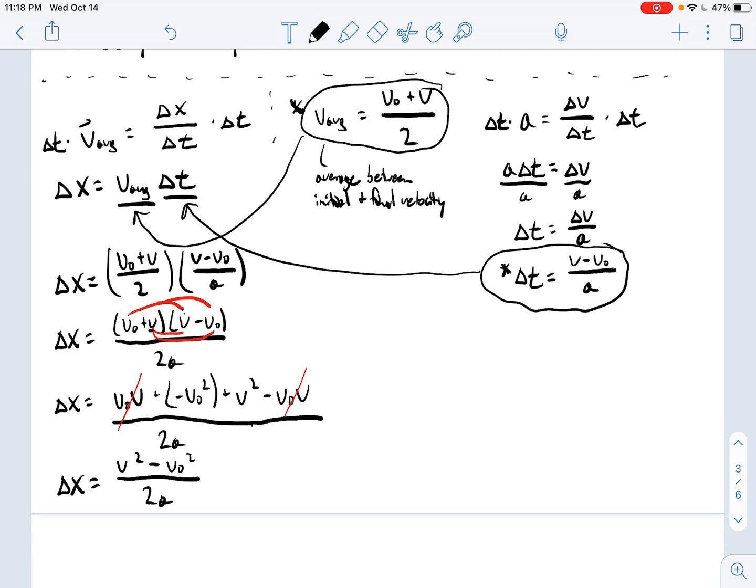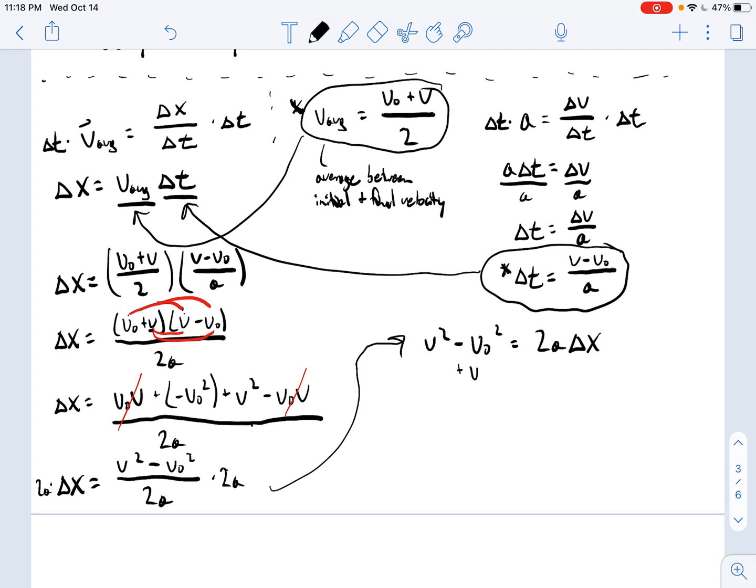Again, we are very close here to coming up with this second equation. I'm going to multiply both sides by 2a, and we are going to say that v squared minus v initial squared is equal to 2a delta x.